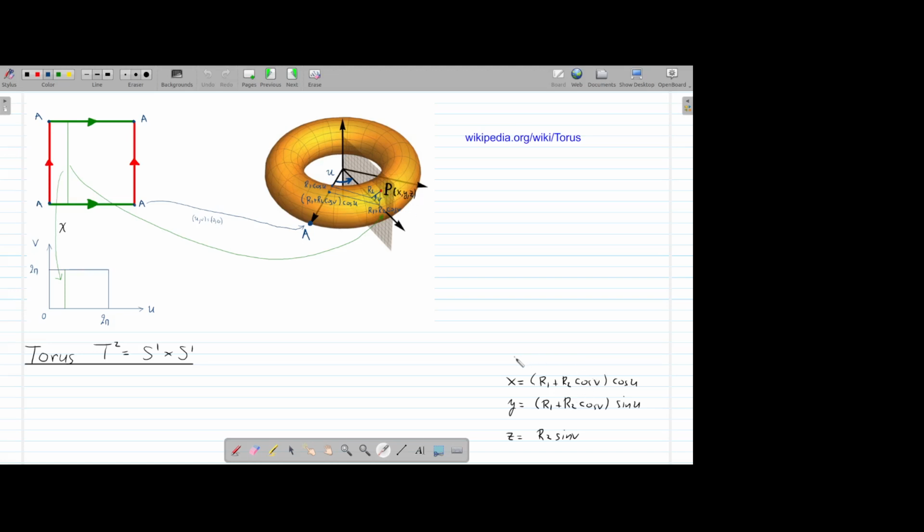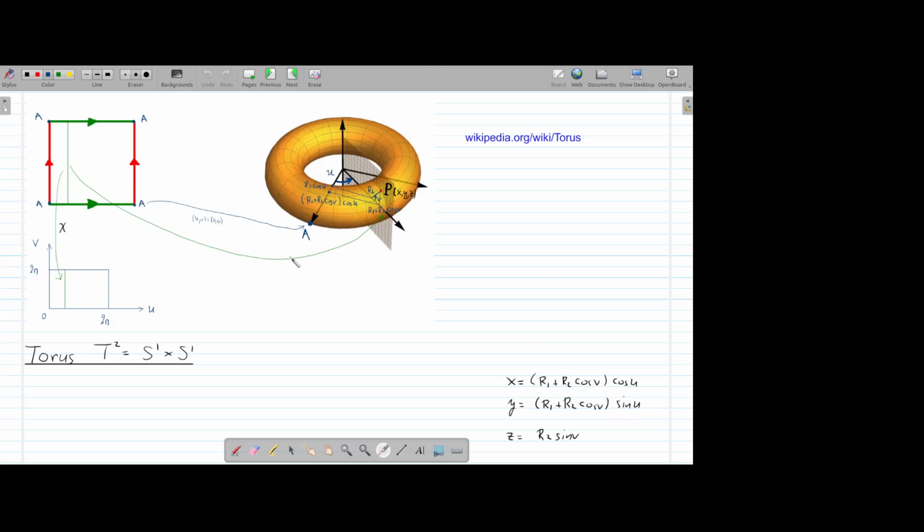So with this map, the coordinates U and V have a simple geometrical interpretation. U is the angle that is formed by this direction, and V is the angle formed with those two directions, or what they actually are.